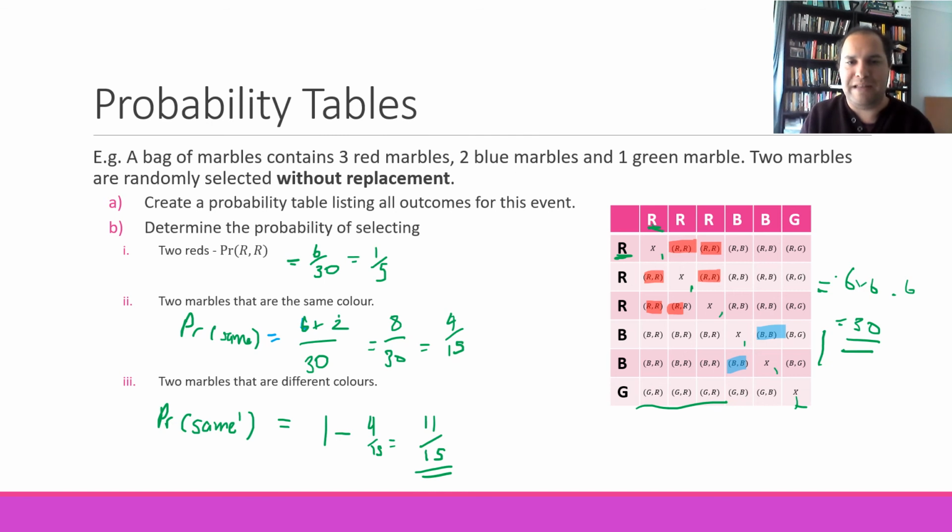We could have also gotten that value just by counting up what's left over here. So we've got 9 here, another 9 here, is 18, and then the remaining 2 is 20, 22. So that's 22 out of 30, which is 11 out of 15. So we can just add those up and use our formula anyway, or use the complement.